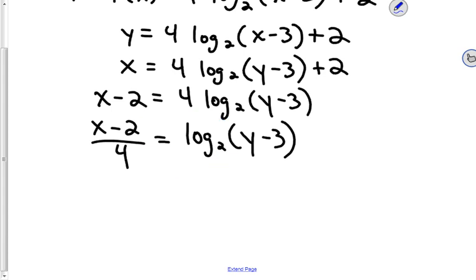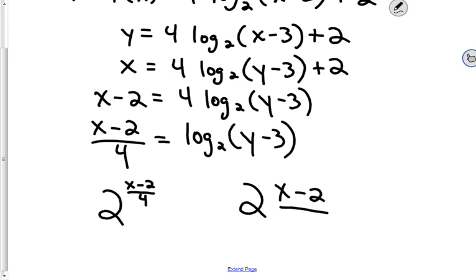So I get 2 raised to the x minus 2 over 4, and make sure you write that x minus 2 over 4 very clearly as an exponent. You don't want to write it like this, because now somebody thinks that that's 2 times x minus 2 over 4, and it's certainly not that in this problem.